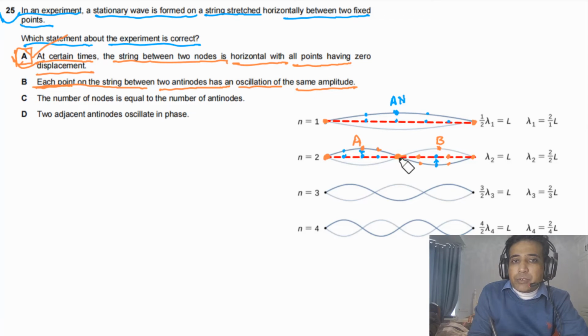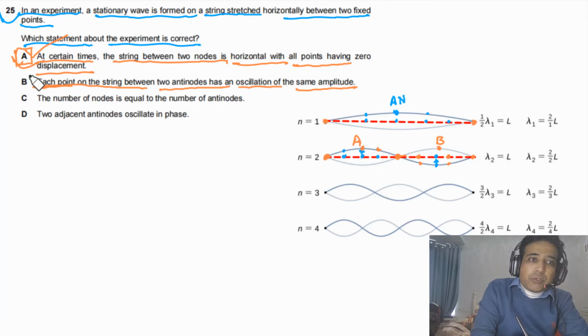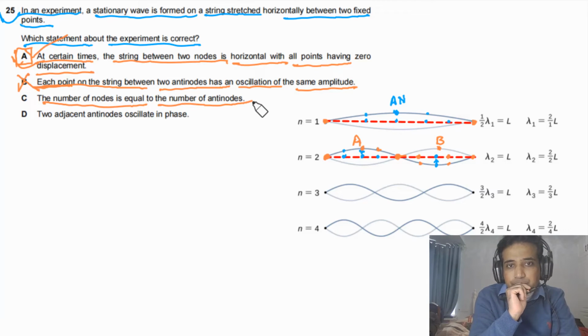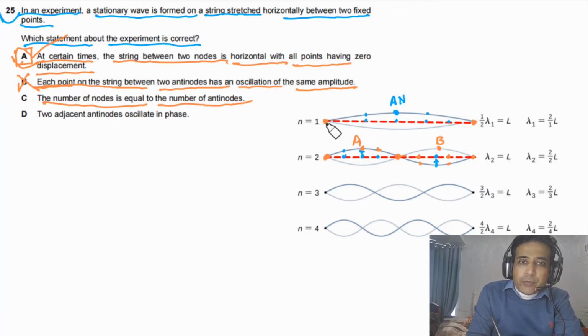Here the amplitude is equal to 0. So this option is incorrect. Next: the number of nodes is equal to the number of antinodes. If you look at the first loop, we have two nodes but one antinode, so they are not equal.